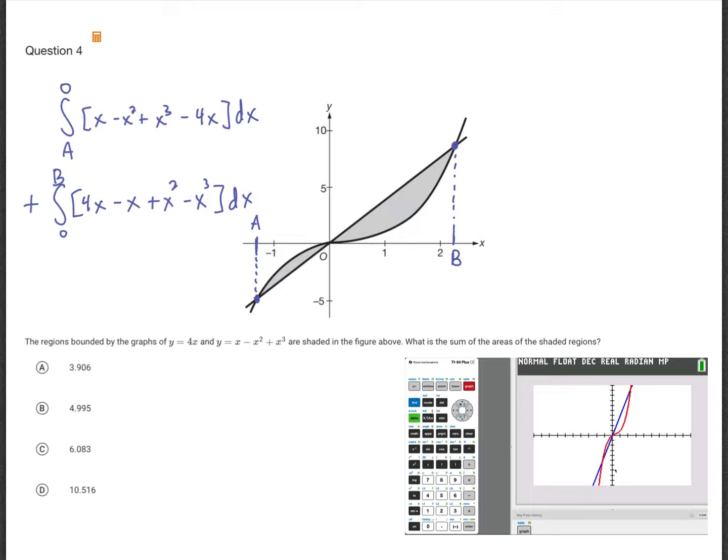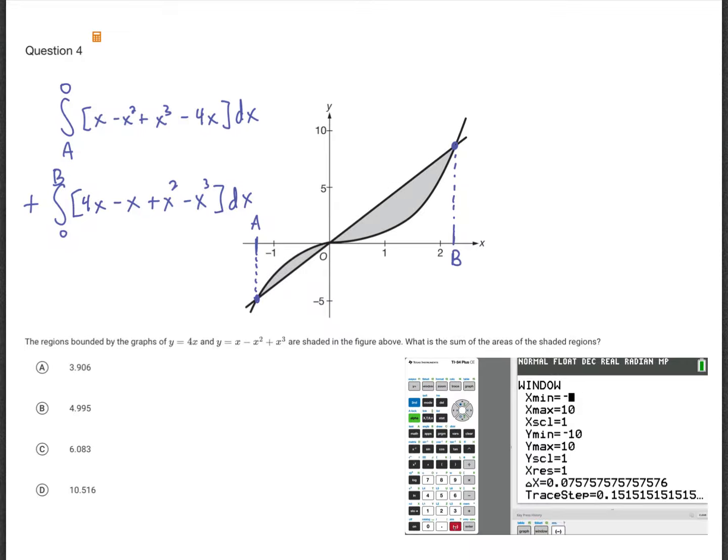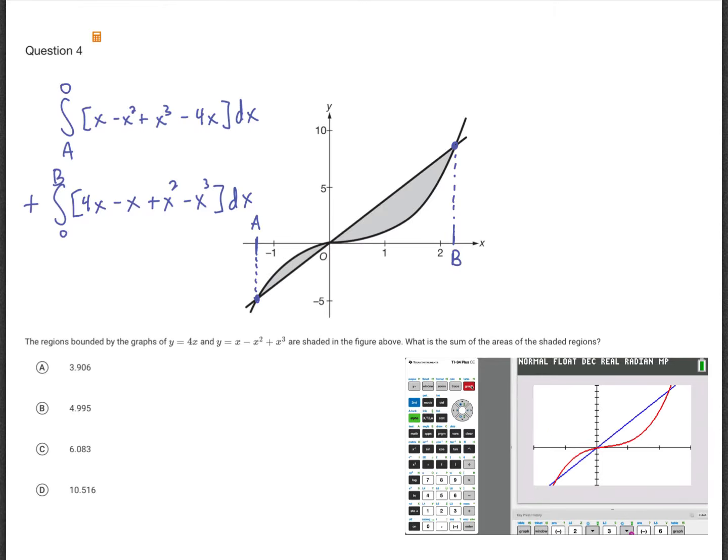Look at the x min and x max that'll have the areas in there that we want. Let's see if this works: -2 to 3, -6 to 10. Yeah, so that's good. So that's got our area that we're interested in there.